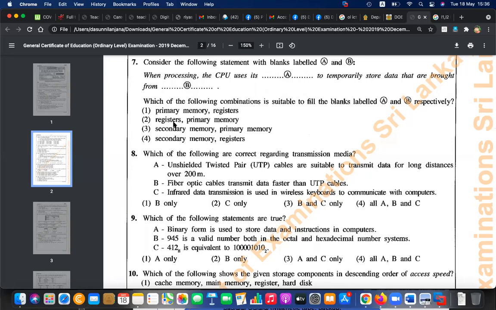Okay, let's go to question number 8. Sorry, the fourth answer for this one.